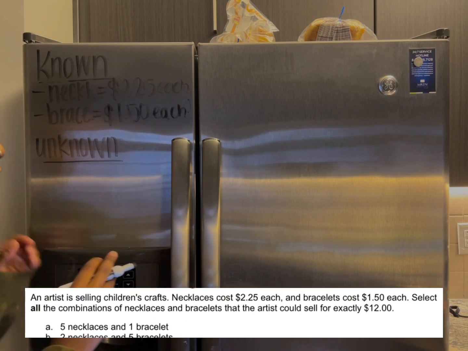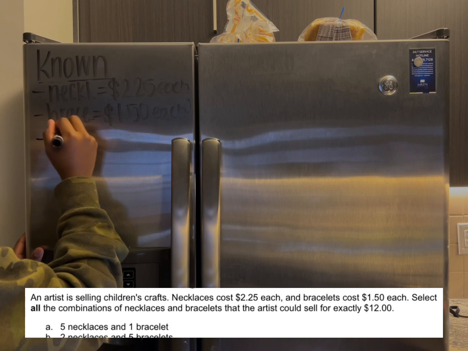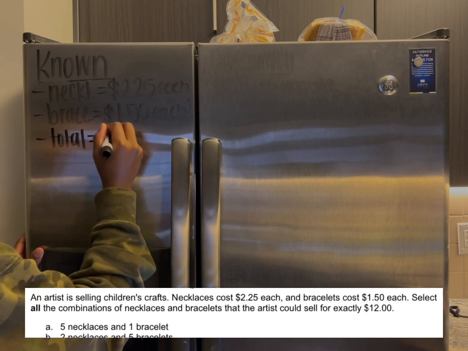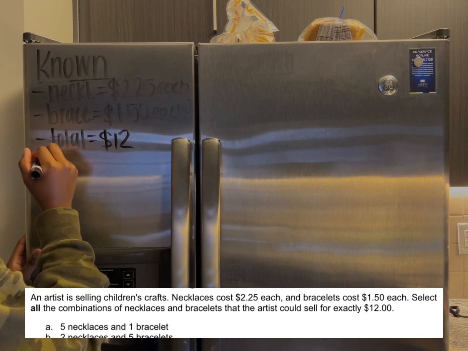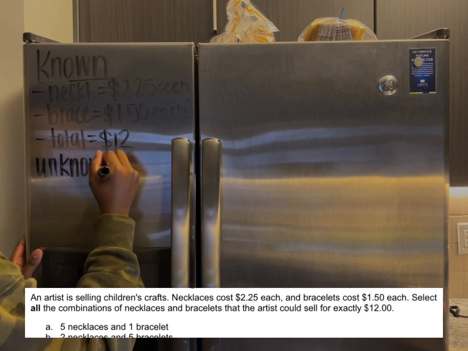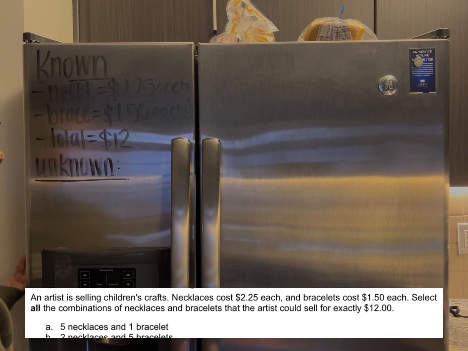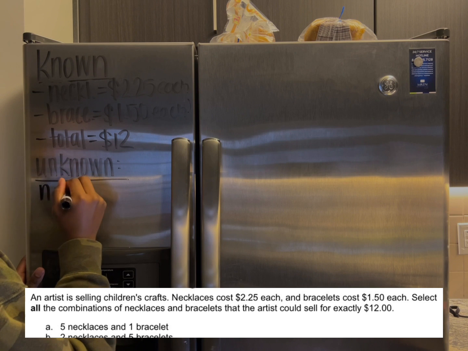We also know that the total is $12. Okay? That's all of my knowns. Now, my unknowns, what do we not know? We know how much each of them cost, but we don't know how many we're selling. So we'll say N for necklaces.